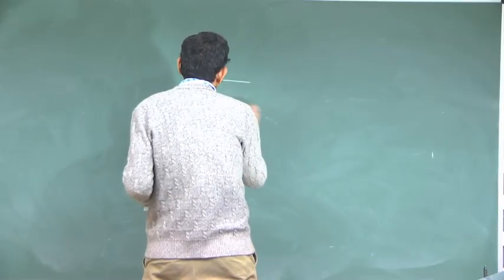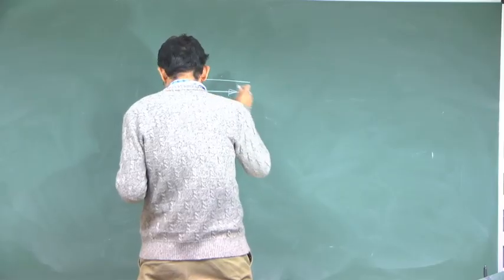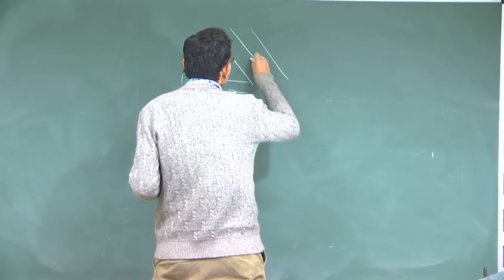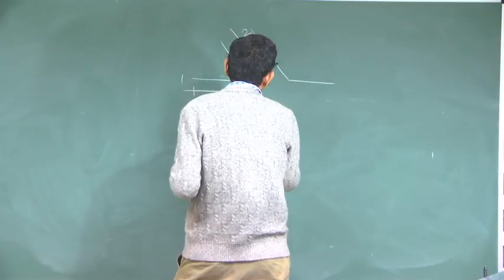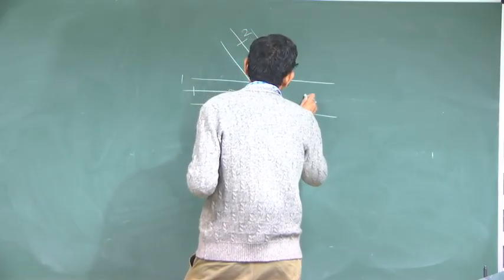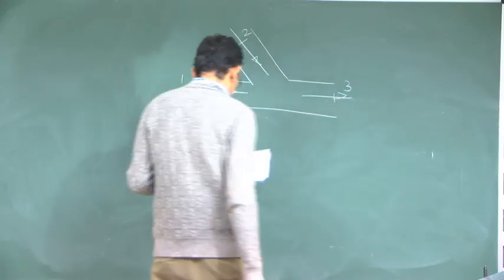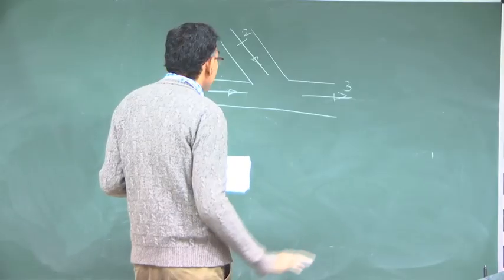So, there is one stream of air which comes at state 1, there is another stream of air which comes at state 2, these two streams mix. So, this is like a mixer and finally what comes out is state 3. All pressures are 200 kilopascal.